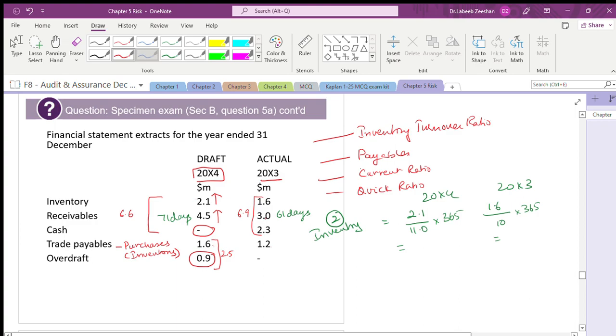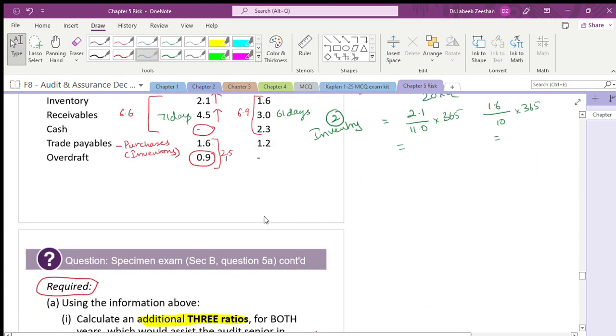6.6 divided by 2.5, and 6.9 divided by 1.2. Is it right?